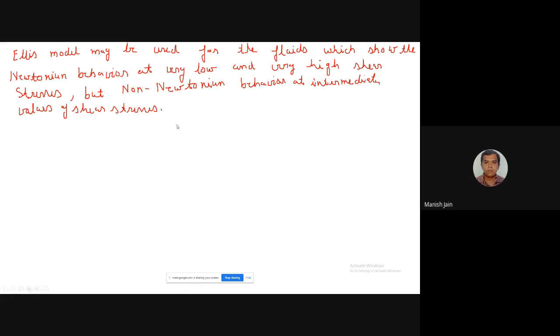Non-Newtonian might be shear thickening or shear thinning, dilatant or pseudoplastic. Now, the fourth model is the Reiner-Philippoff model.